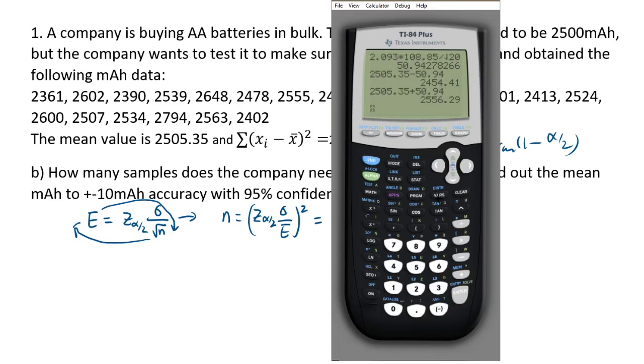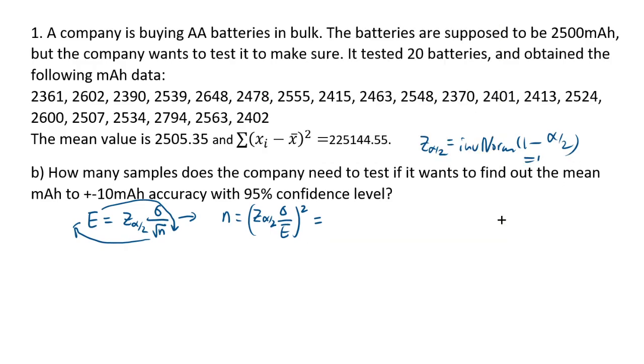Second vars, inverse norm, enter, and you need 1 minus 0.025, and if I do that, it's 1.96 most likely. Okay, so that's going to be 1.96.